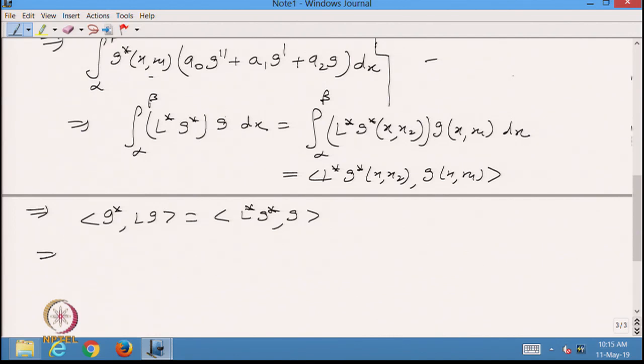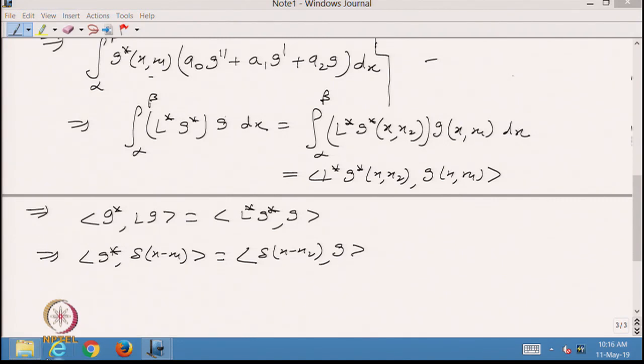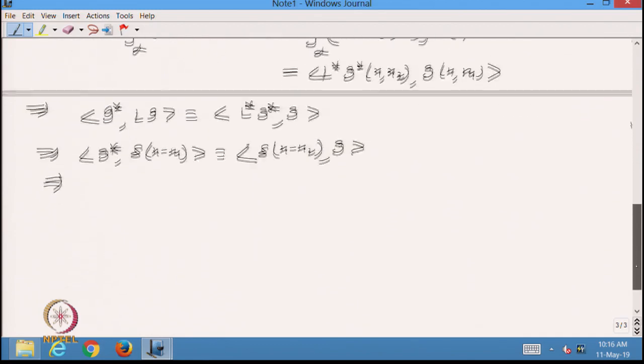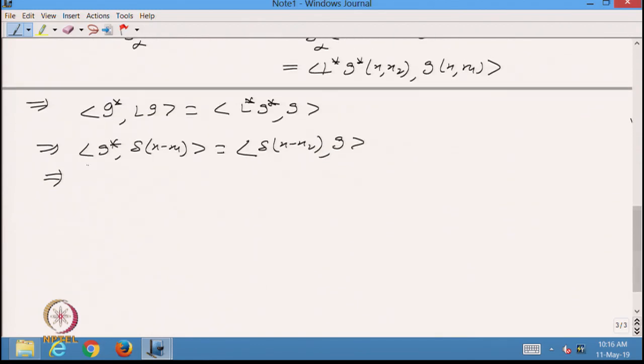Now, I know what G star L G is. L G is a Dirac delta function x minus x1, and L star G star is a Dirac delta function, which goes into G. This is the inner product. If you see this one, I can write it as the integration from alpha to beta.